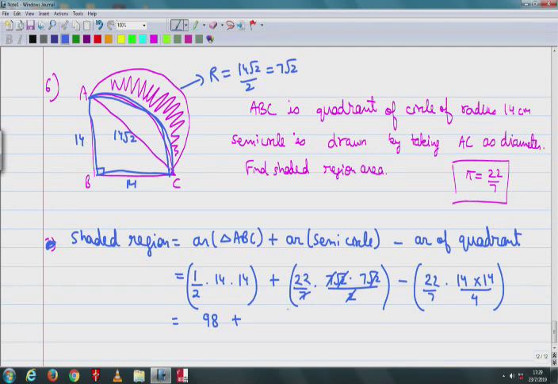So 22 into 7, that is 154, minus 11 into 14, that is also 154. So 98 plus 154 minus 154, that is going to be 98. So this is the area.